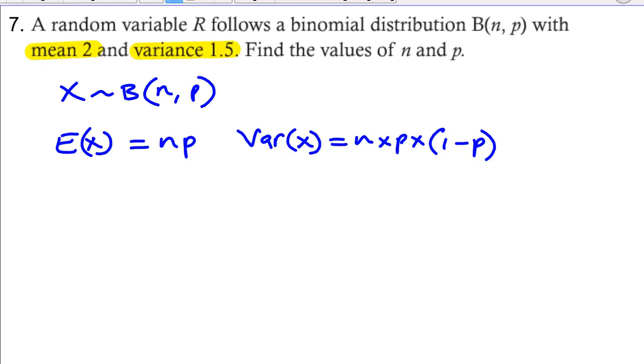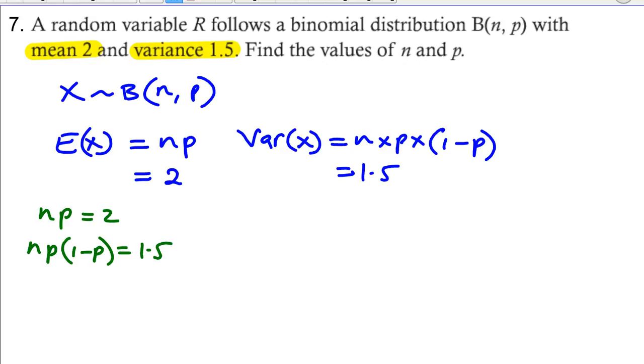What they're saying is np equals 2 and np multiplied by (1 minus p) equals 1.5. To find the values of n and p, let's divide these two equations.